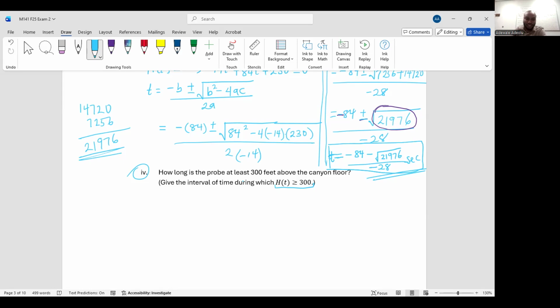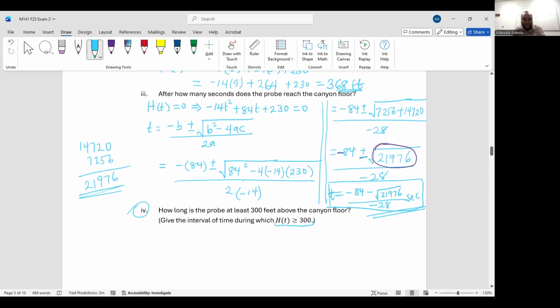So set the height. What is the height again? We are asking when is negative 14t squared plus 84t plus 230 going to be greater than or equal to 300? You have it here, straight in front of you.